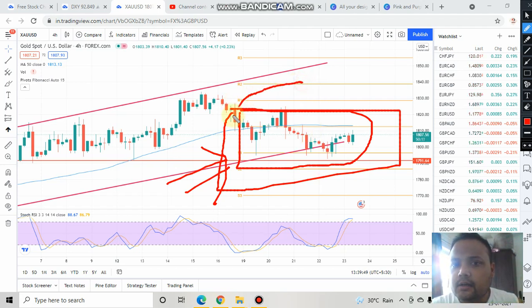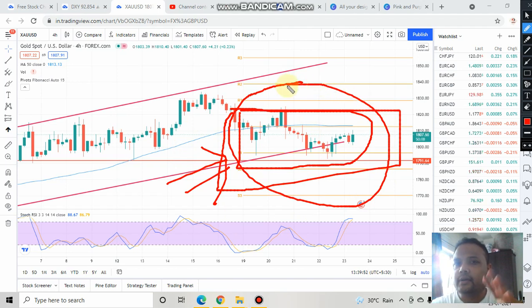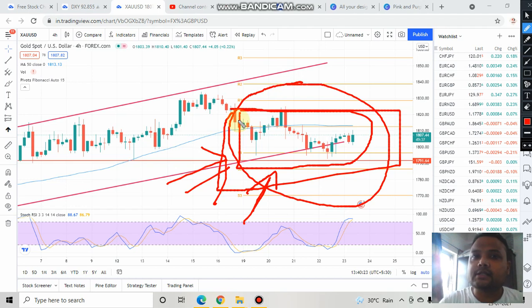But if we just observe this part, do you still think that buyers are dominating at this price level? No. If you look at this portion, you can clearly see that the number of red candles is much higher in comparison to green candles. Right now the market is in an uptrend, but at this particular time sellers have a higher influence over the market.